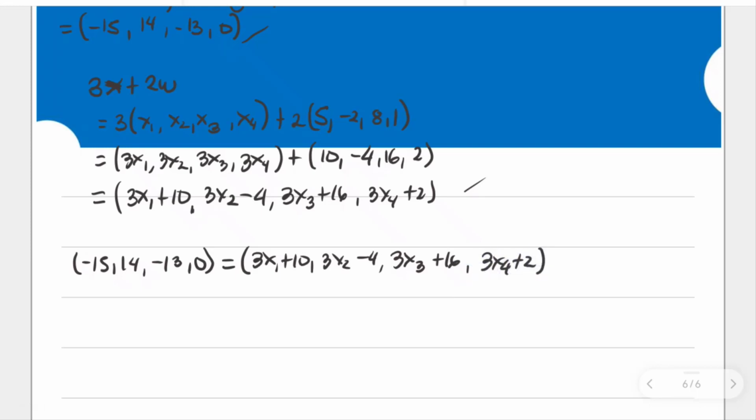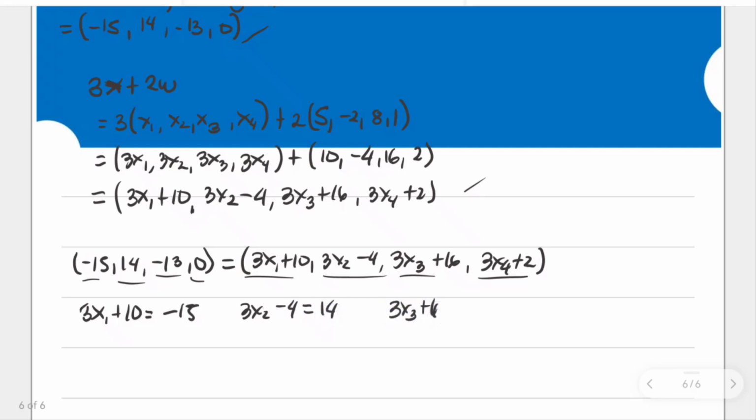So we can now use equivalent vectors, and by the symmetric property we'll have these equations. 3x sub 1 plus 10 is negative 15. Next, 3x sub 2 minus 4 is positive 14. 3x sub 3 plus 16 is negative 13. And 3x sub 4 plus 2 is 0.